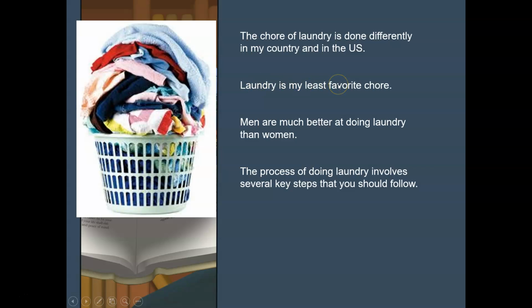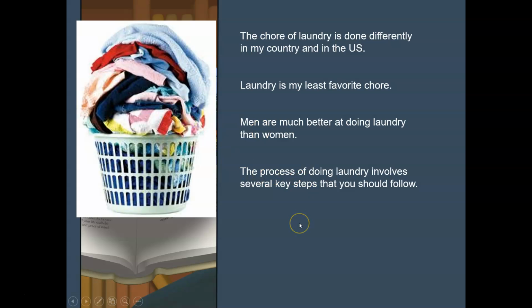Laundry is my least favorite chore. In this paragraph, the controlling idea is least favorite chore, so the person would be describing why they don't like laundry. Men are much better at doing laundry than women. This is another sort of comparison paragraph where we're comparing who's good at this chore, and this one says the men are better.